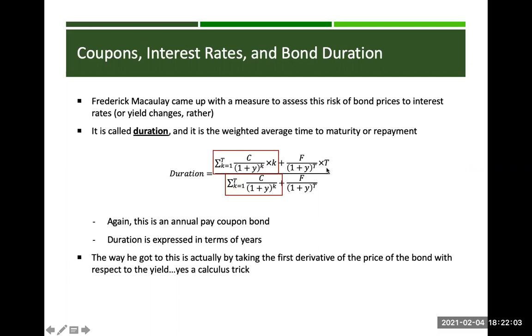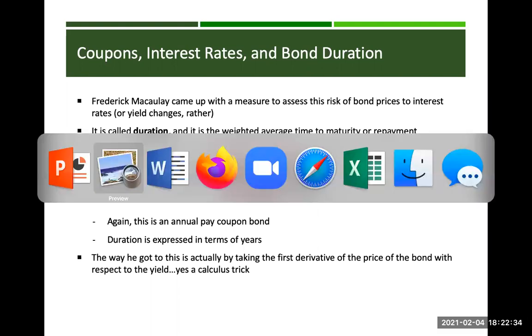For a zero coupon bond, Macaulay duration, or simply duration, is equal to the maturity of the bond. Any other type of fixed income instrument is not going to be the same. It's going to be less than the maturity. But for a zero coupon bond, Macaulay's duration will equal the actual time to maturity, because those coupons are zero. The weight is zero.